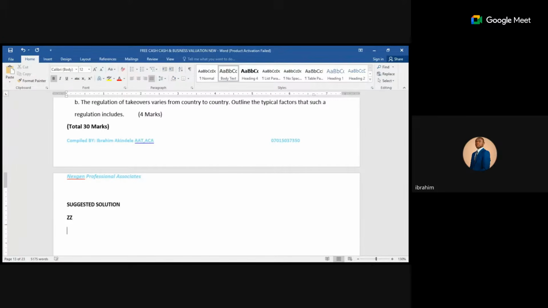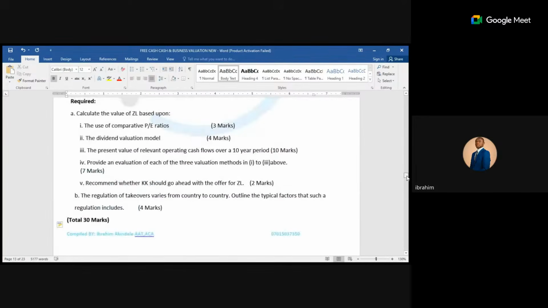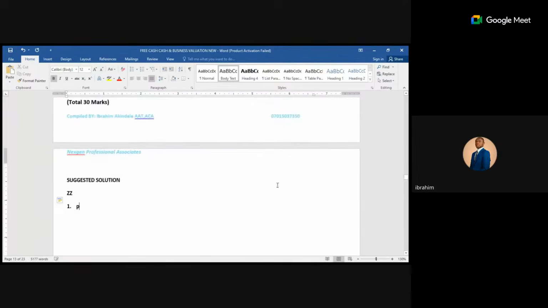Okay. So we have Roma figure 1. We have to start with the PE ratio, right? The question says comparative, right? Use comparative PE ratios.